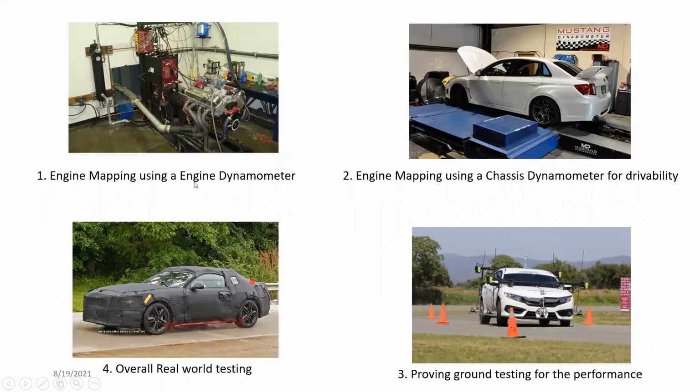So that is the basic development of this engine on the dynamometer. There's one more reason. As I told you earlier, sometimes the same engine in different vehicles has different power outputs and different driving characteristics, because the mapping is different.